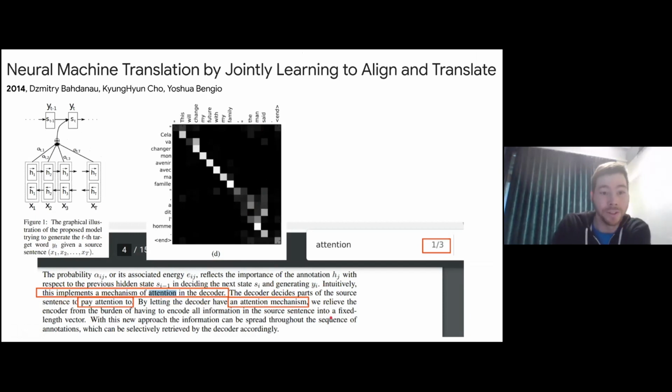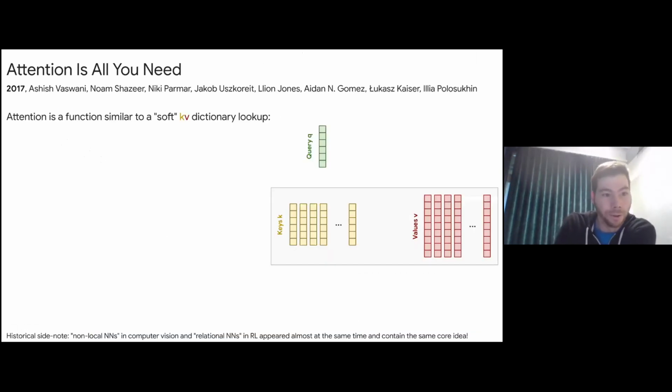It was 2014, and then it took a whole 3 years to 2017 for the transformer paper to come out and make this a very established thing that everybody pays attention to.